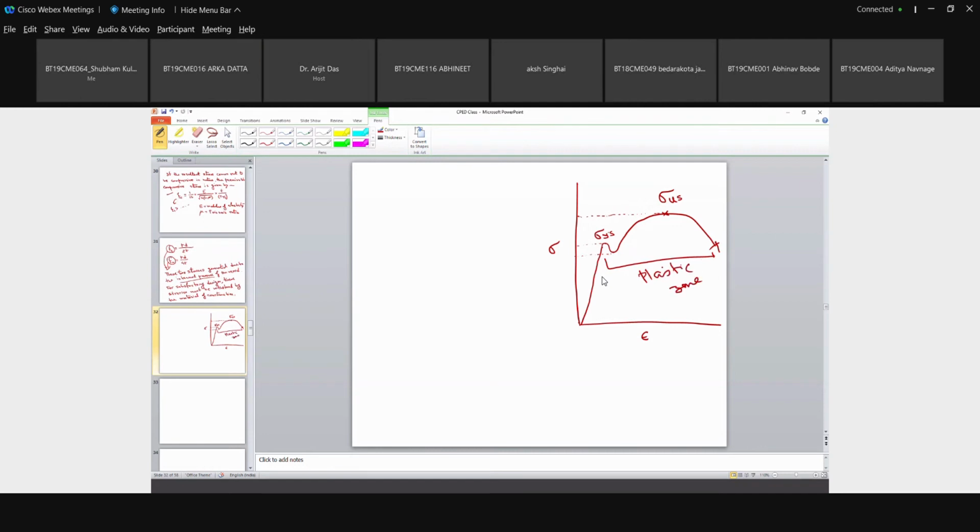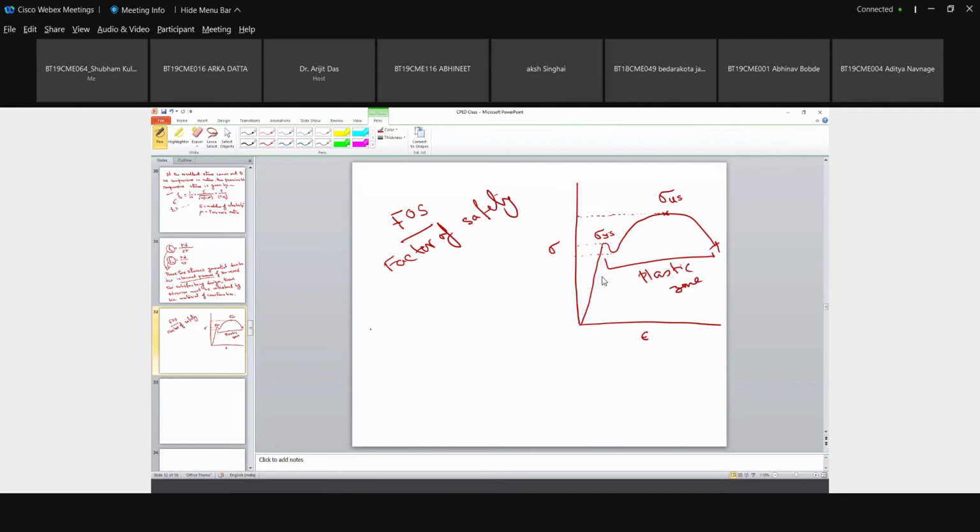So what stress do we consider here as an allowable or permissible stress? For that we introduce a parameter known as the factor of safety.